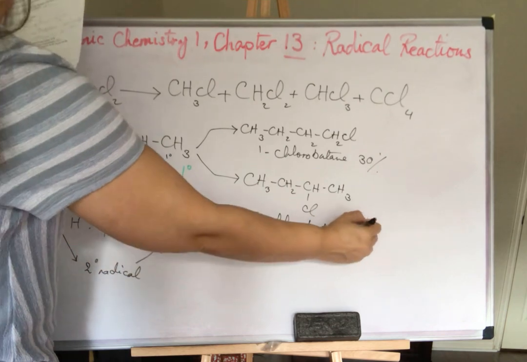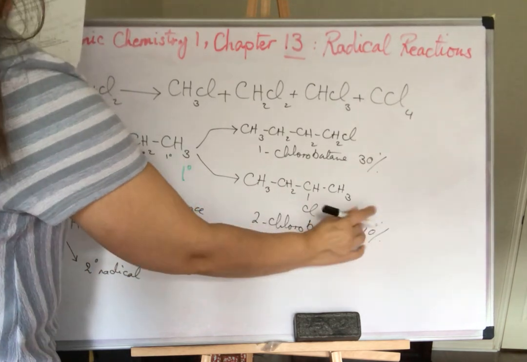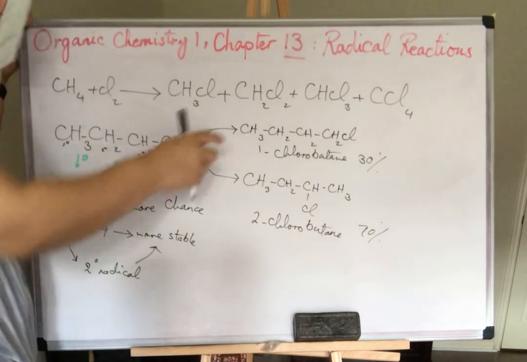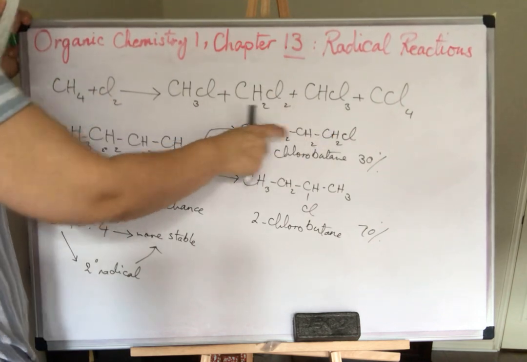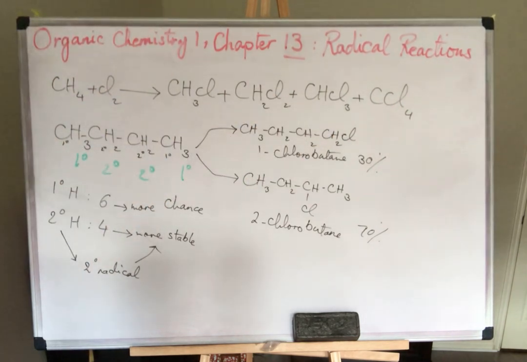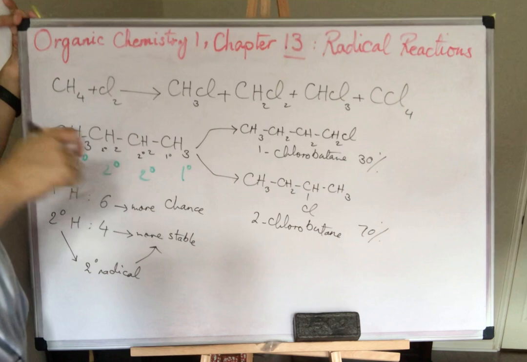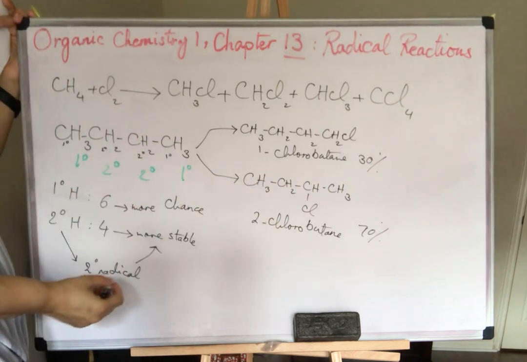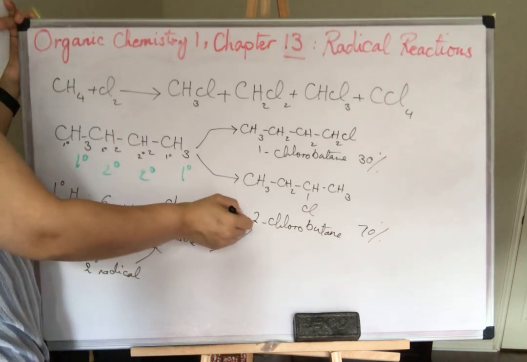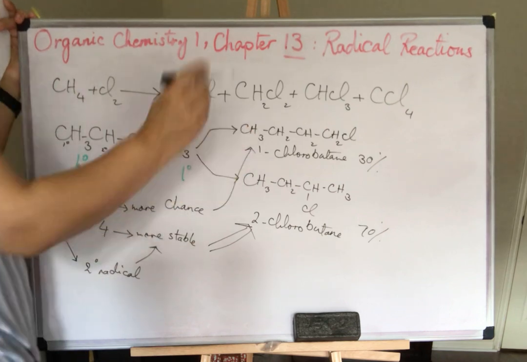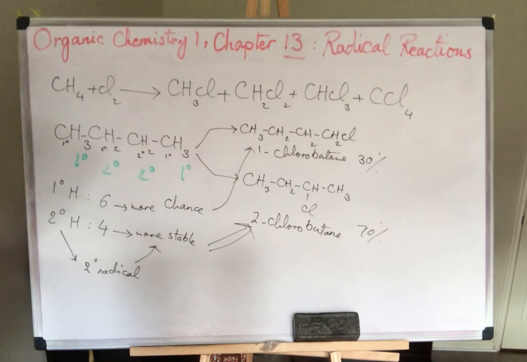So almost 70% is this product. So you see, although you have more chance for primary hydrogens, only 30% is 1 chlorobutane, but 70% is the more stable product. You can use it for any other reactions.